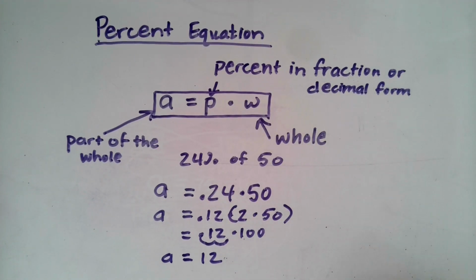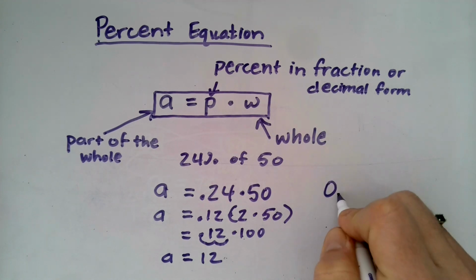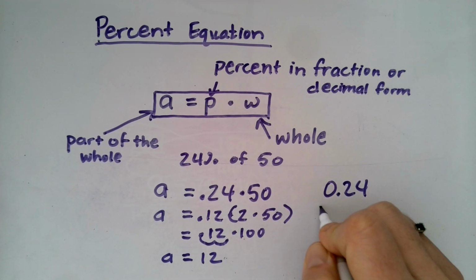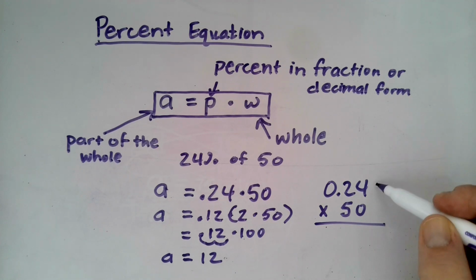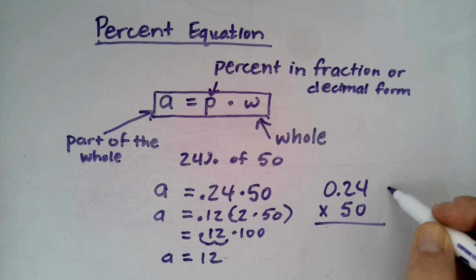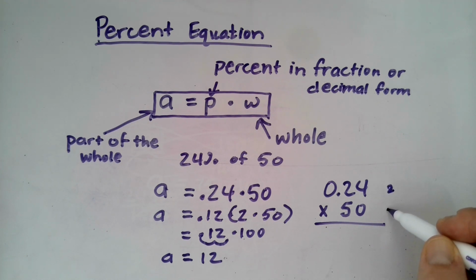If you would alternatively like to stack this up and say 0.24 times 50, you can totally do that. You need to remember when we multiply decimals, you need to count how many total decimal places we have in our factors. This has 2 decimal places, this has 0 decimal places. We add them up, so our answer has to have 2 decimal places.